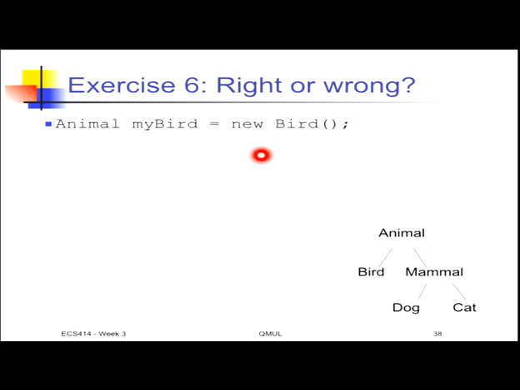So raise your hands. Is this okay? Okay. Does someone think it's wrong? Okay, so it's an application of the substitution principle because here I should write animal, my bird equal new animal, but bird is a subclass of animal, so by the substitution principle, this is fine. It's good.